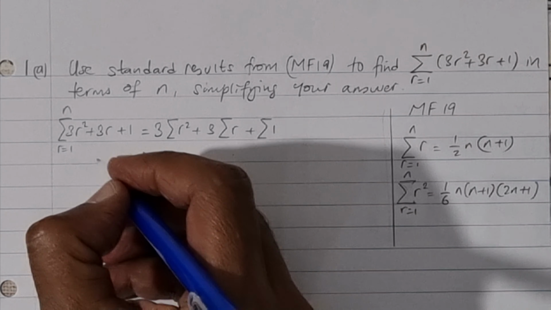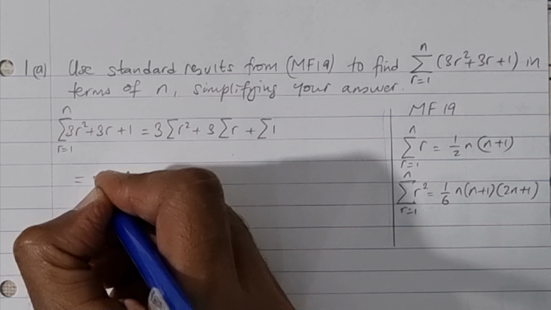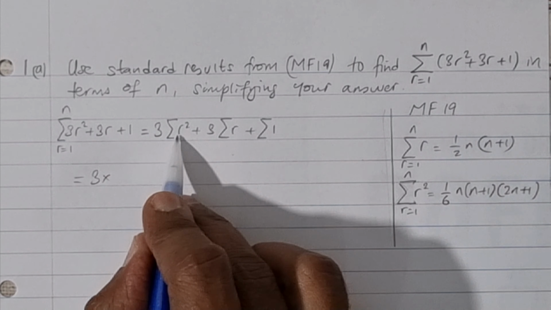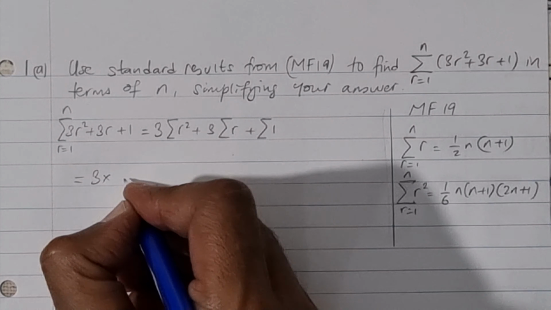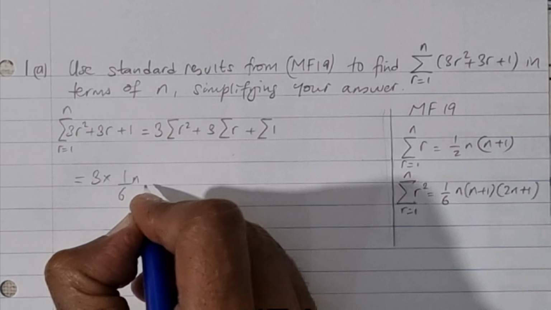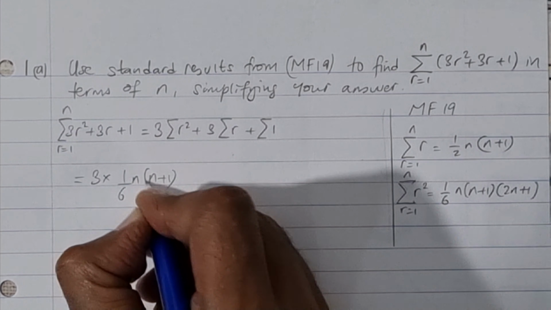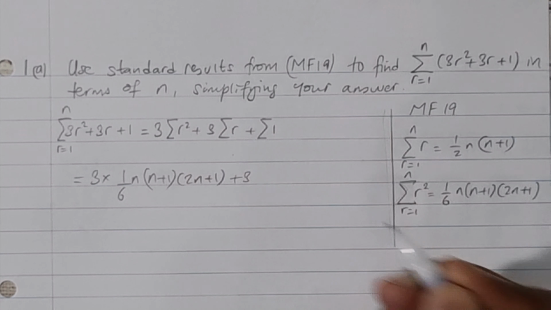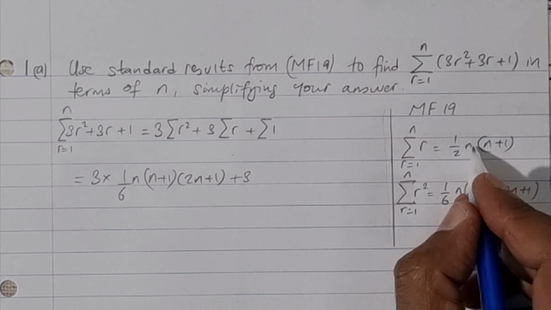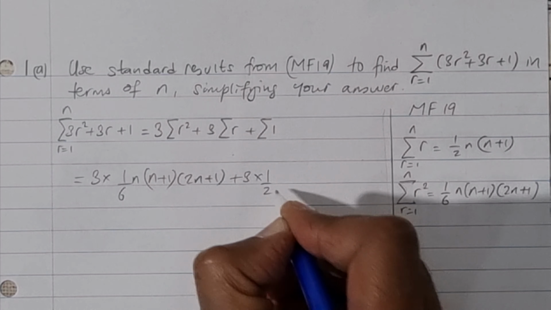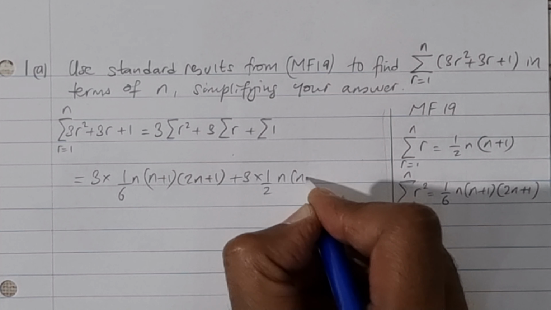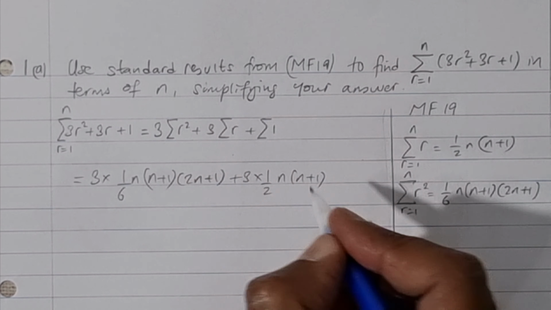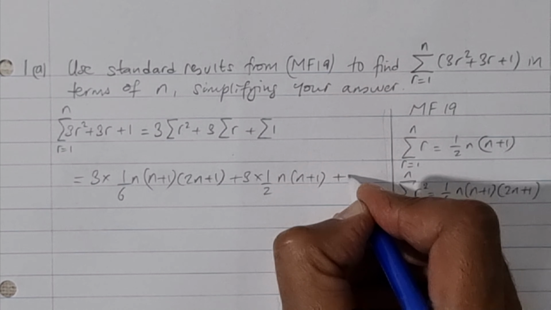And therefore, now what we're going to do is say 3 into sum of r squared is all of that. So 1 over 6n into n plus 1 times 2n plus 1, plus then 3 into sum of r is going to be half n into n plus 1. And of course, the sum of 1 means basically n.